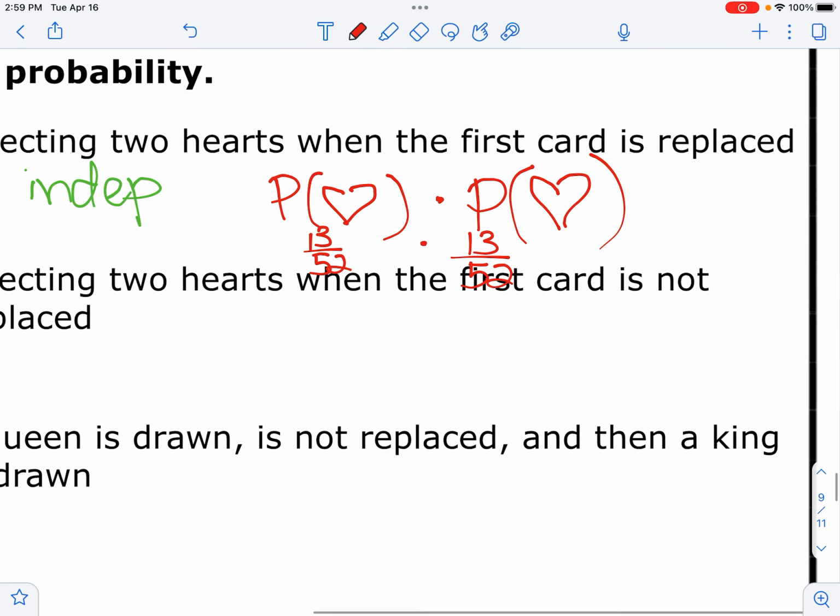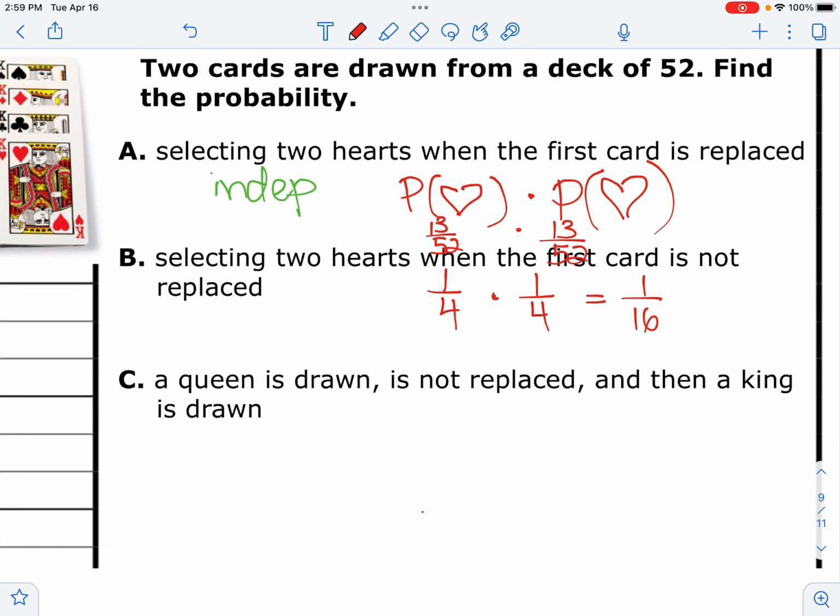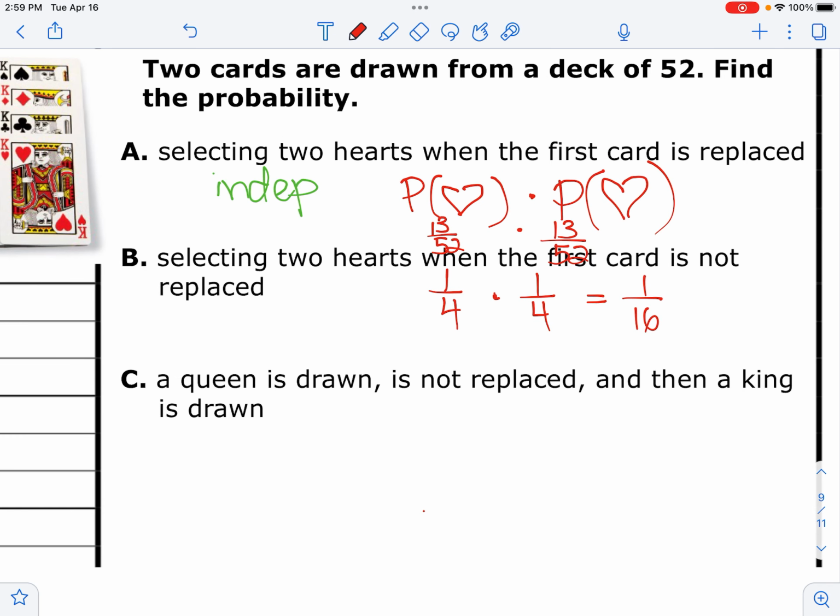Now 13 out of 52 is 1/4. So really I would just say that's 1/4 times 1/4, which is just 1/16. So the probability of getting 2 hearts when you replace the first one is 1 out of 16.